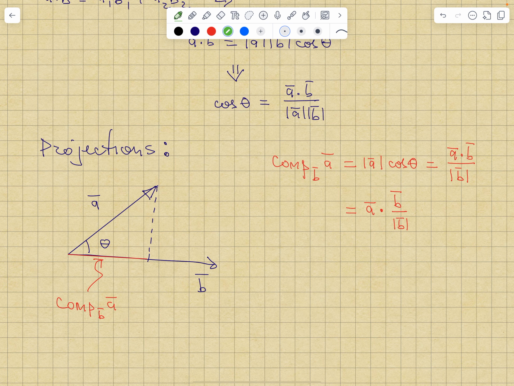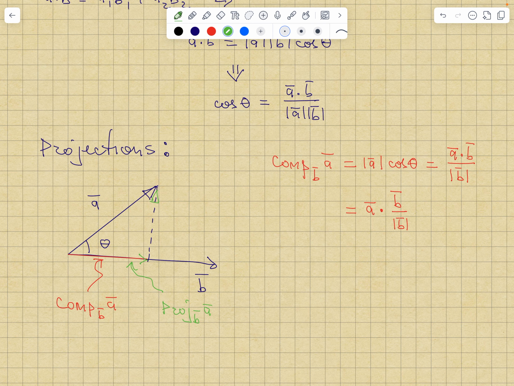I can write it as a vector along B plus another vector in a direction perpendicular to B. And my question is, can we figure out what the green vector along B is going to be? The green vector is called the projection of A onto B.